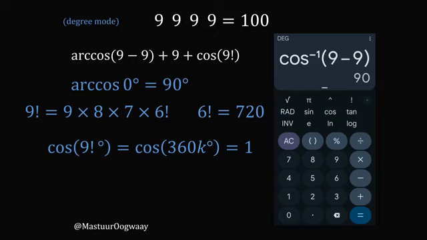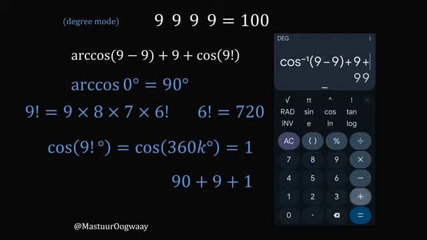So let's do this calculation. We have 90 for the arc cosine of 9 minus 9, plus 9, and then the cosine of 9 factorial degrees will be equal to 1. So this is all going to work out to 90 plus 9 plus 1, which does equal 100. Wow.